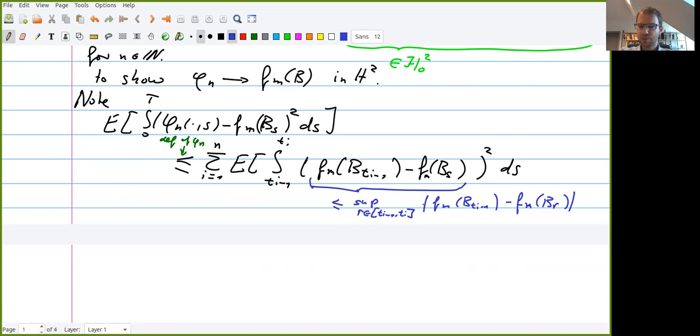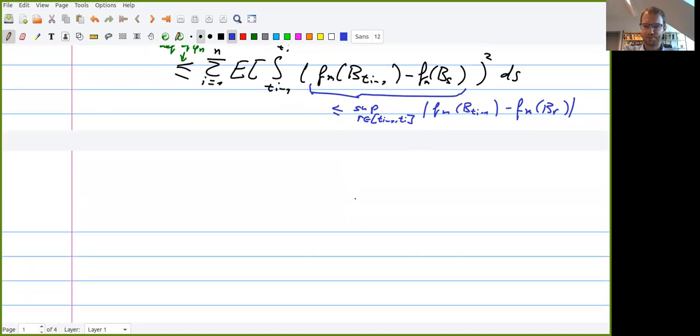So what we do is we estimate this integrand with its supremum over the intervals t_{i-1} to t_i, because then we can get rid of the integral.